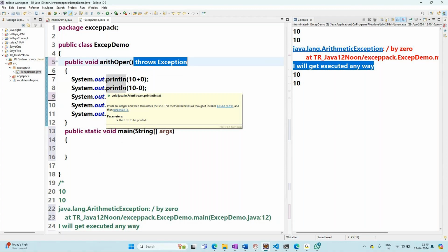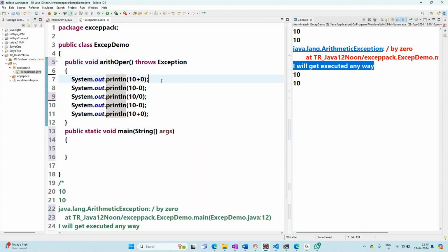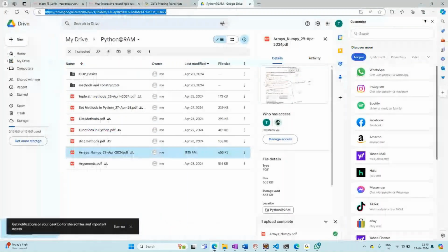As we are throwing an exception, it's better to handle this method. It is not that you handle this one, you can handle this method. So what can I write here?